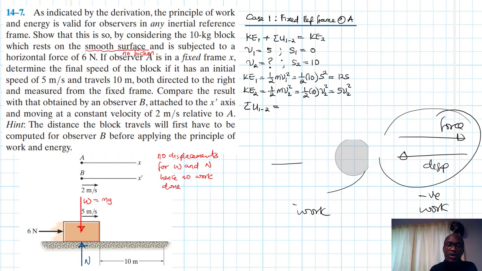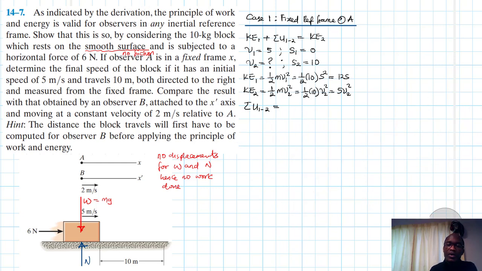Alright, let's look at what we have. We have a force of 6 newtons, displacement of 10, and they are both in the same direction, so the work is going to be positive. So we have S1 0, S2 10, the force 6, so this is just 6 by 10, which gives us 60 joules.